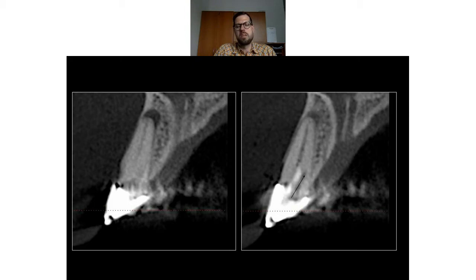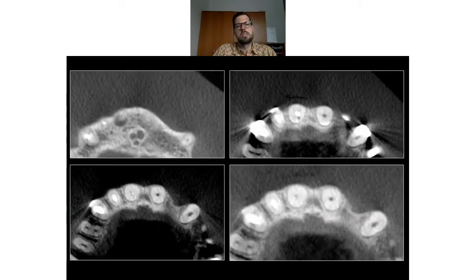So I did this CBCT, and now I know where to dig or where to find the canal, because when we are looking at the axial slices, here I almost perforated the root at this place because my preparation was wrong. So where I had to look was at this place, so I must go much more vestibular. So this is very important information that you get, because now you know where to do the preparation.